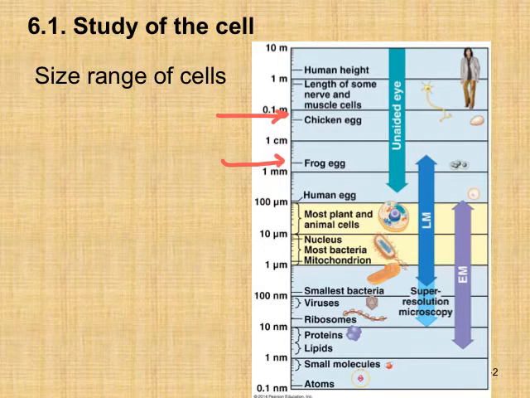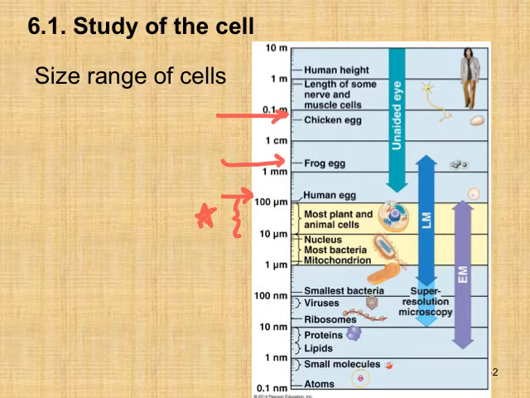And if you knew you were looking for a human egg on a slide, you might be able to see it here, around 100 micrometers. But most eukaryotic cells are in this range here, between 10 and 100 micrometers. So you want to remember this size of eukaryotic cells.